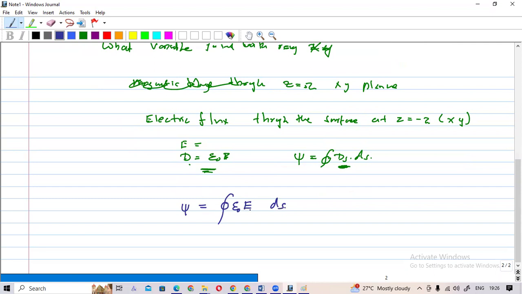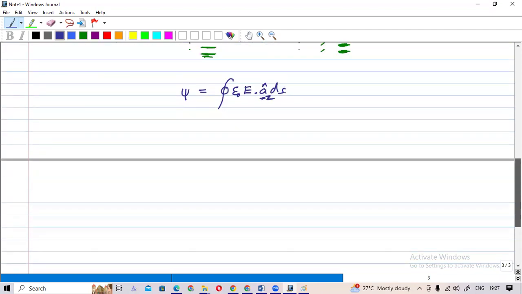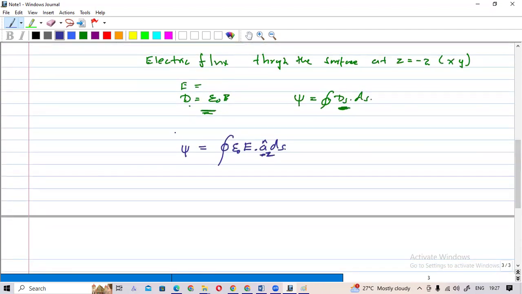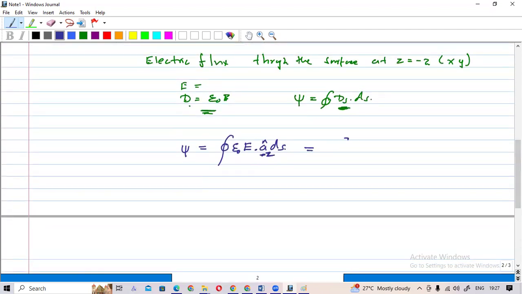This E is in the Z direction, so this is the Z direction unit vector. Since it is in the Z direction and the XY plane, you have to do this integration with respect to x and with respect to y.